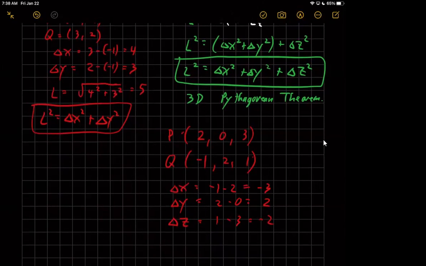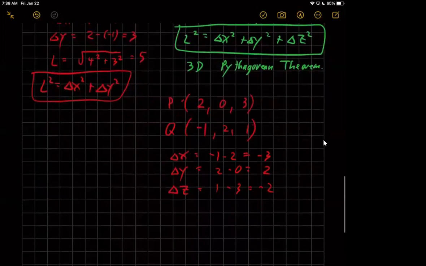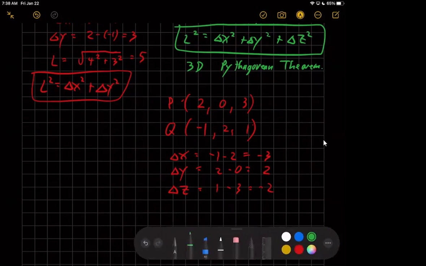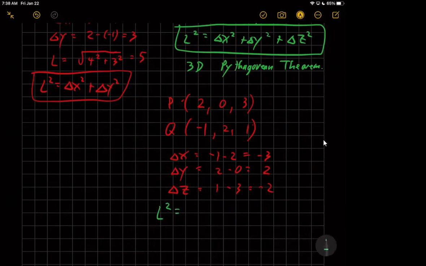Now remember, squaring removes the negative sign, so I recommend when you go to find L, in green here, I'll say L squared is equal to, I'll just do 3 squared, because 3 squared and -3 squared are the same. And in entering the negative in the calculator, we can make the error of taking the negative of 3 squared, which is -9.